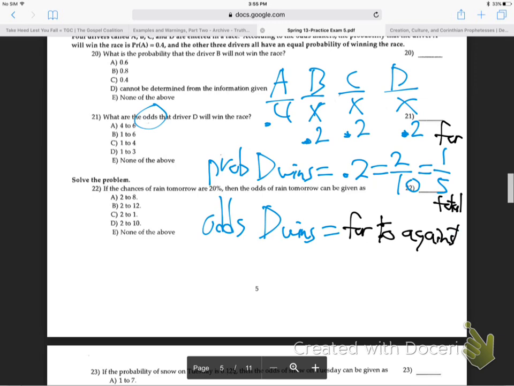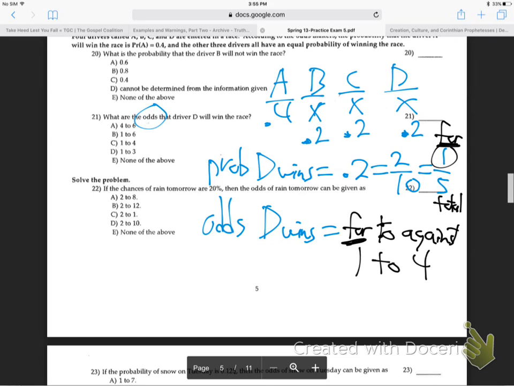So remember, odds is like a debate, for and against, right? It starts the same, 1, right? Because odds begins with for, just like probability on the top is for. But the ending of probability is total. The ending of odds is against. So if it's 1 for out of 5 total, then it's 1 for, how many against? 4, to make 5 total, right?